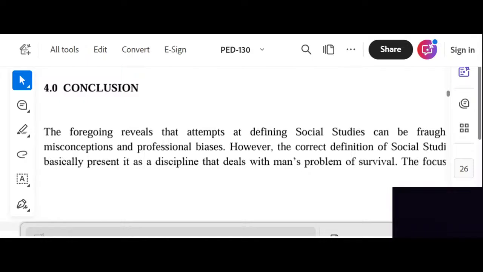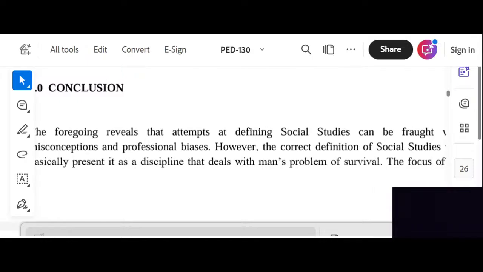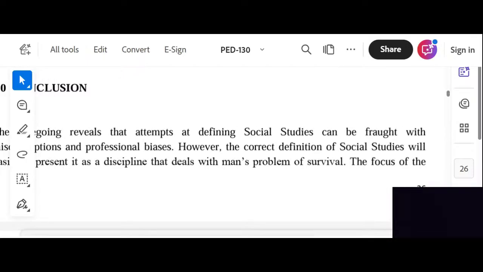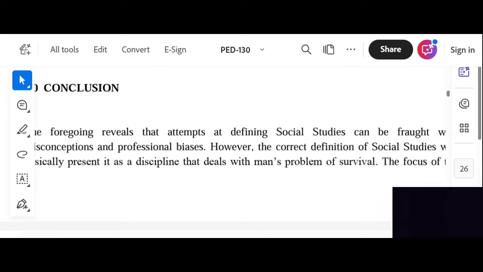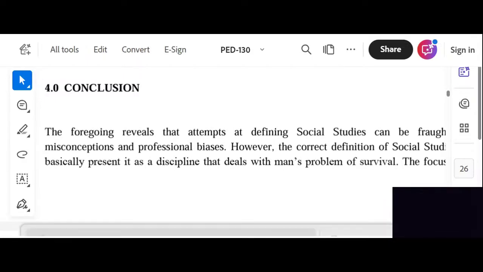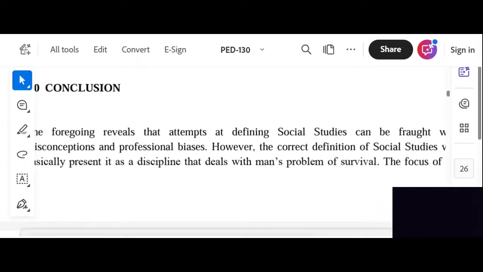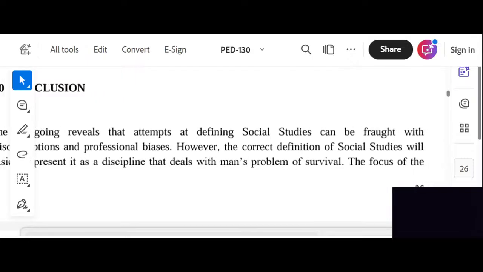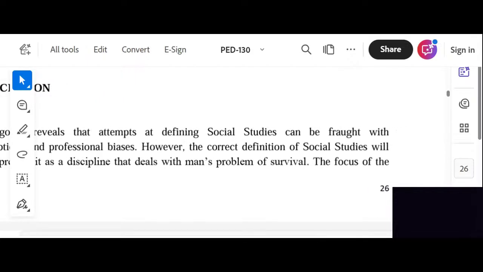Now, the conclusion to this unit: the foregoing reveals that attempts at defining social studies can be fraught with misconceptions and past professional biases. However, the correct definition of social studies will basically present it as a discipline that deals with man's problem of survival.